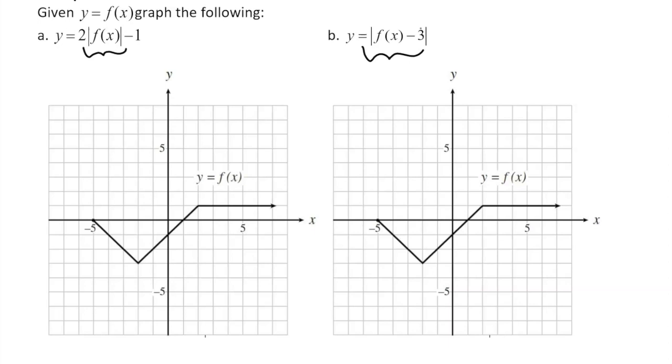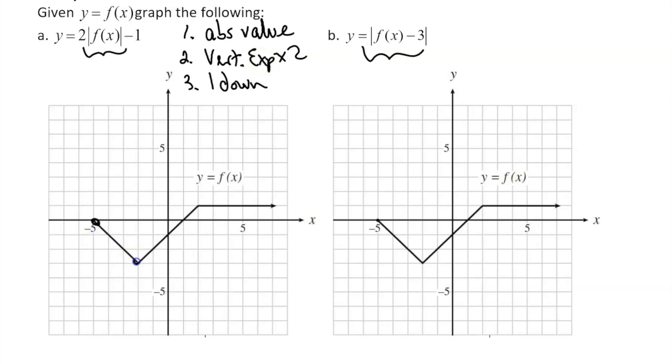As you'll remember, absolute value means anything that's below the x-axis is going to be reflected above the x-axis. So for this first example, if you're to list your different steps, we would say, number 1, we have to take its absolute value, and then we're going to vertically expand it by a factor of 2, and then we're going to go 1 unit down.